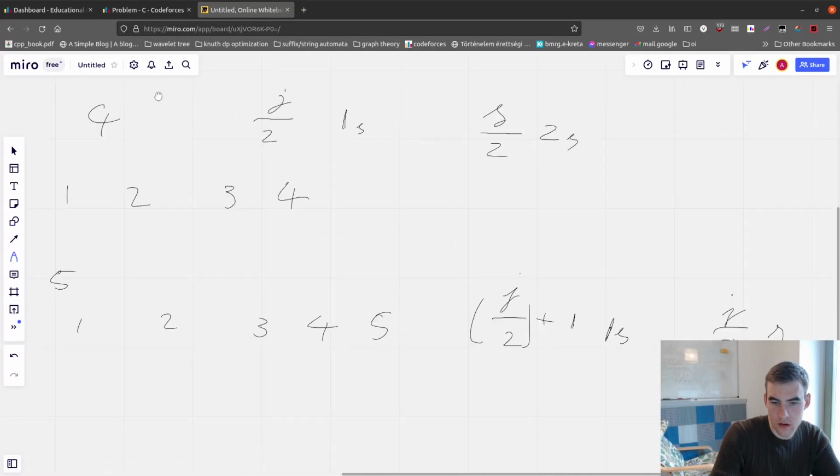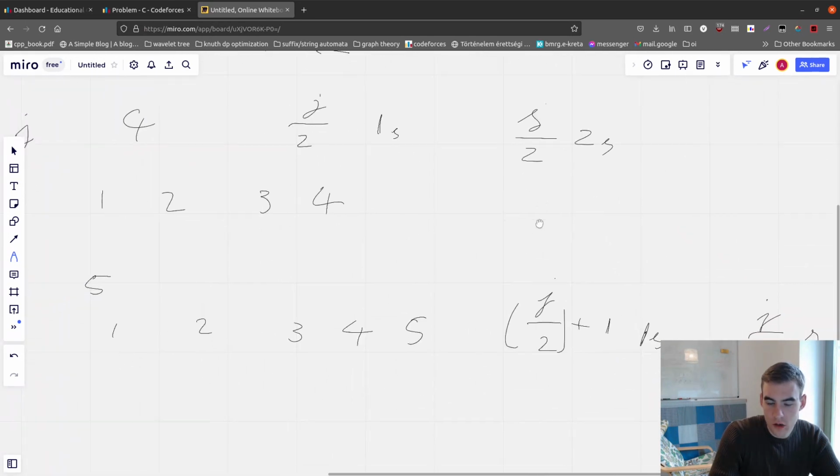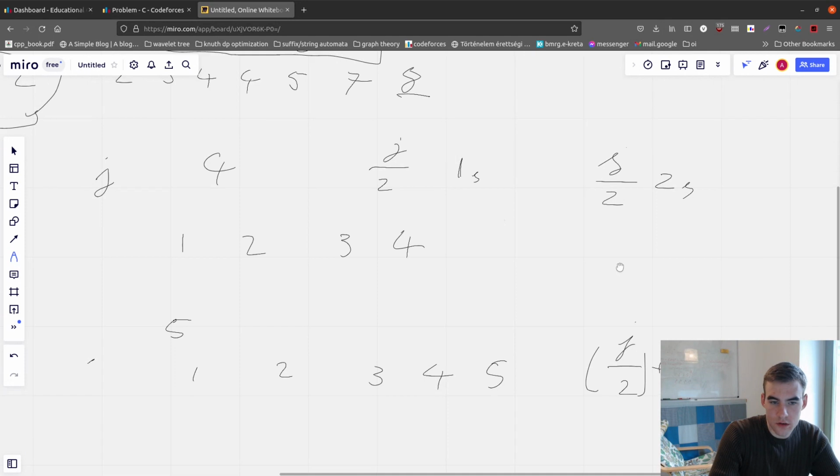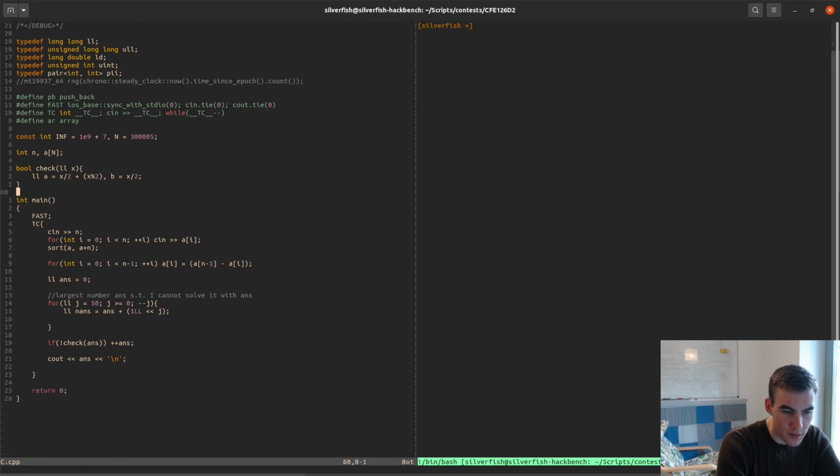So it's x divided by 2 plus x, and b equals x divided by 2. Okay, here if not check, something like that.